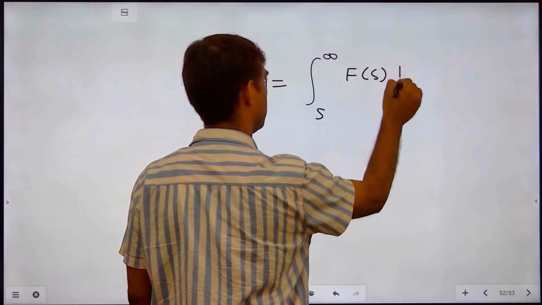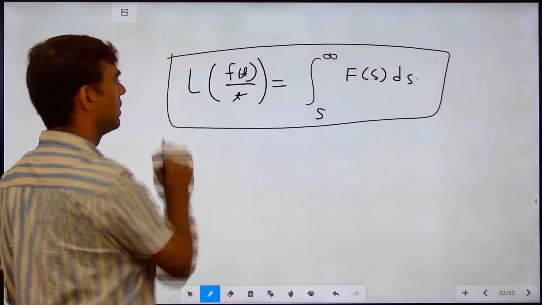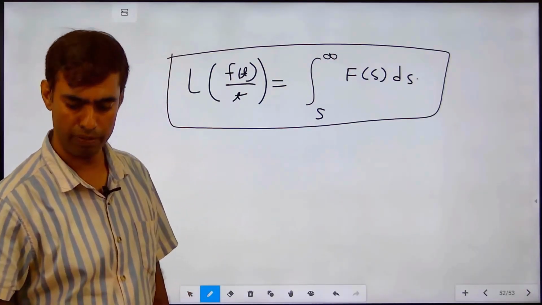What is the application of this property? If we have the Laplace transform of f(t), then we are able to find the Laplace transform of f(t) upon t.